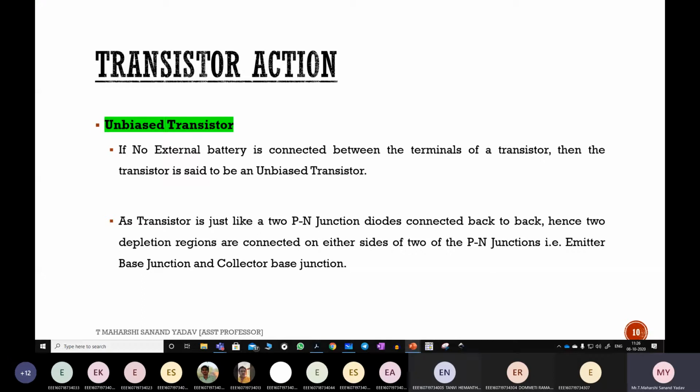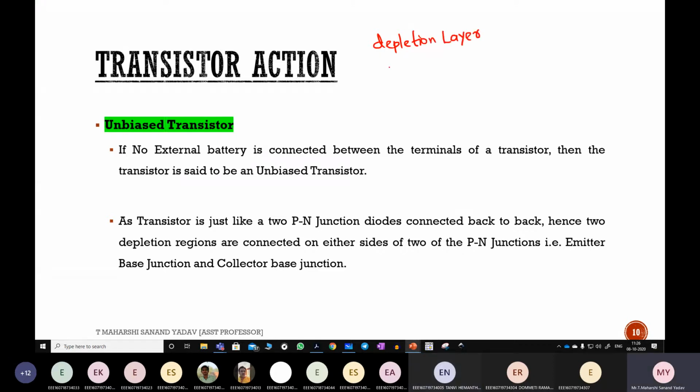Next, what is meant by unbiased? Biased means adding external potential. Unbiased means not adding external potential. What is meant by charge gradient under the unbiased case, and because of which, what is happening? Because of charge gradient, a depletion layer will be formed.